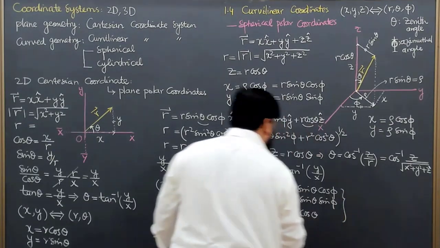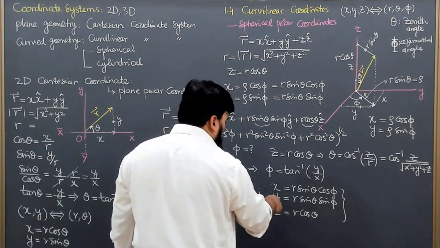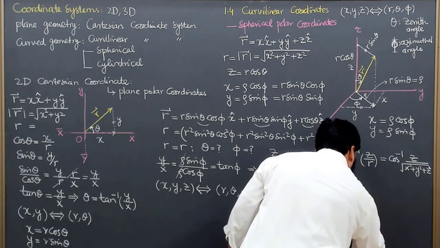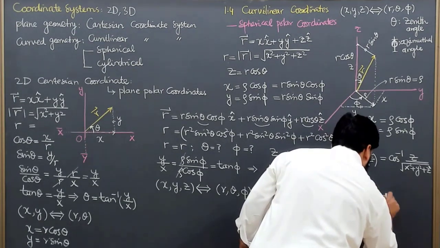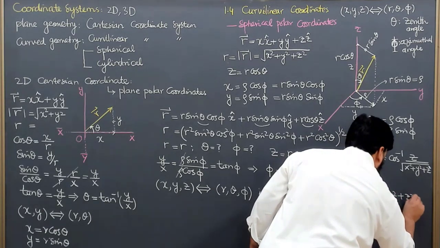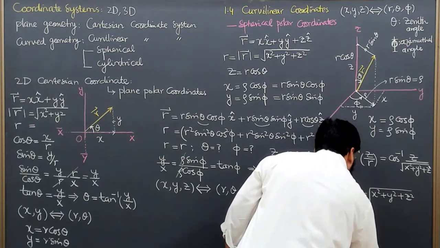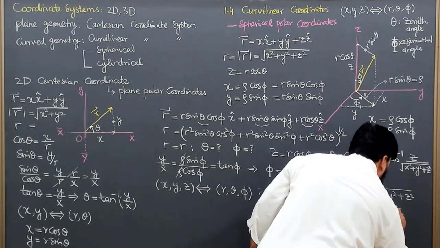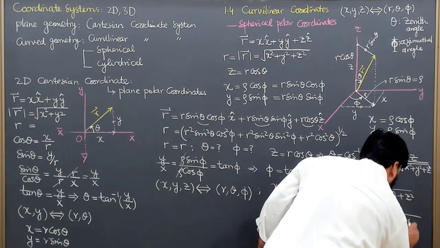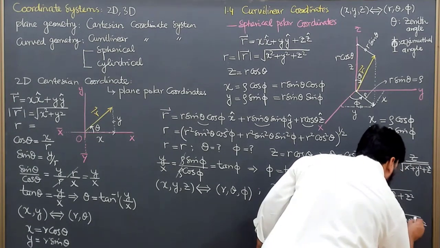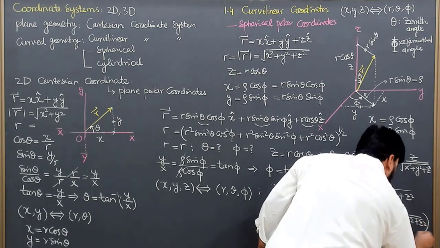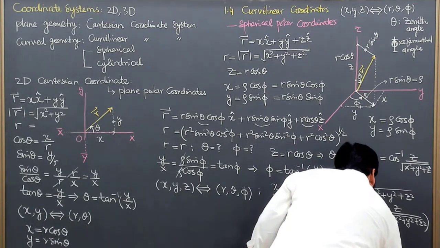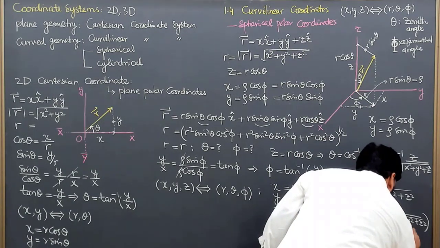This is x in terms of r, theta, phi, y in terms of r, theta, phi, z in terms of r, theta, and similarly r in terms of x, y, z is the square root of x square plus y square plus z square. Theta equals cos inverse of z over the square root of x square plus y square plus z square, and phi equals tangent inverse of y over x.